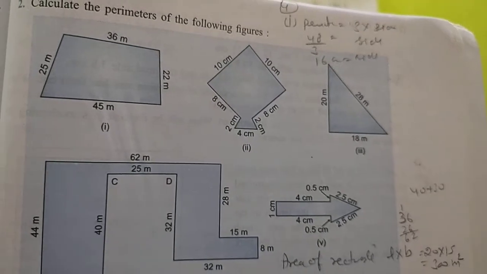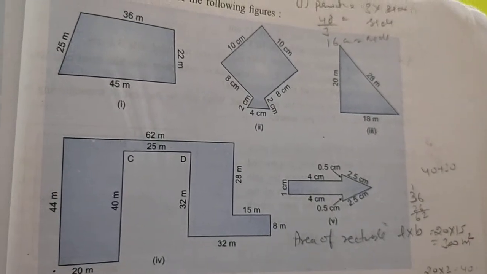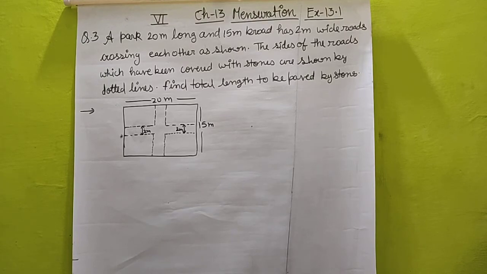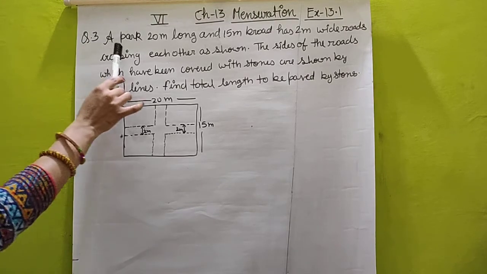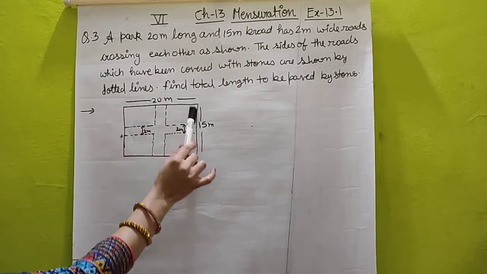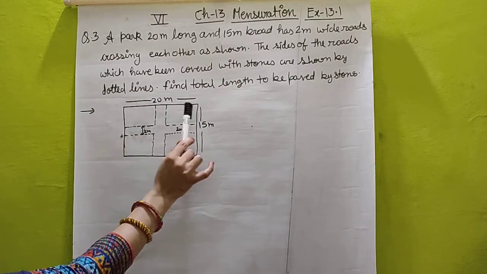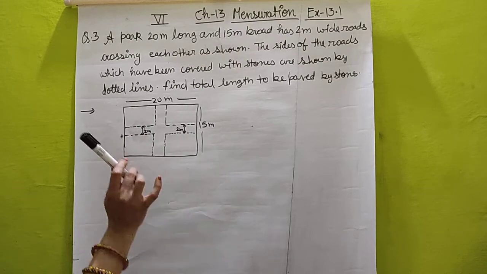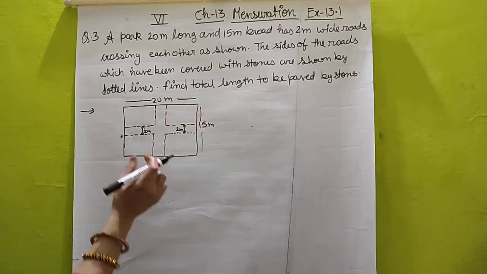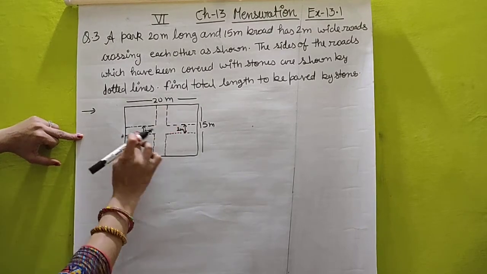Okay students, now after question number 2, I am taking question number 3. A park 20 meter long and 15 meter broad has 2 meter wide roads crossing each other as shown. This is one road and this is the second road.